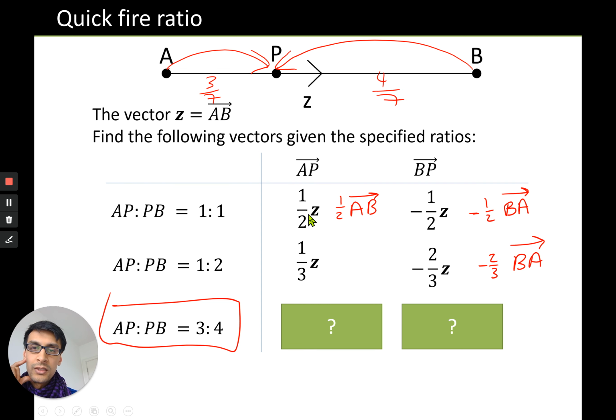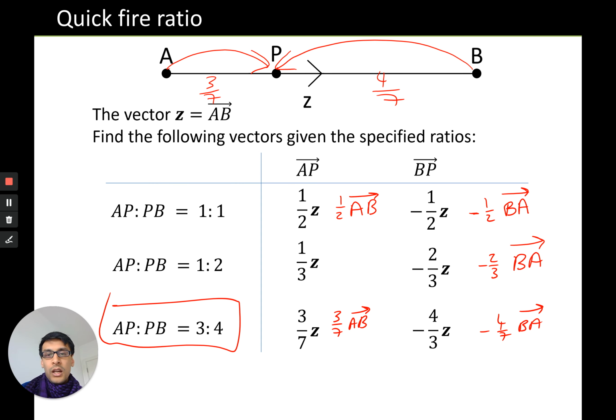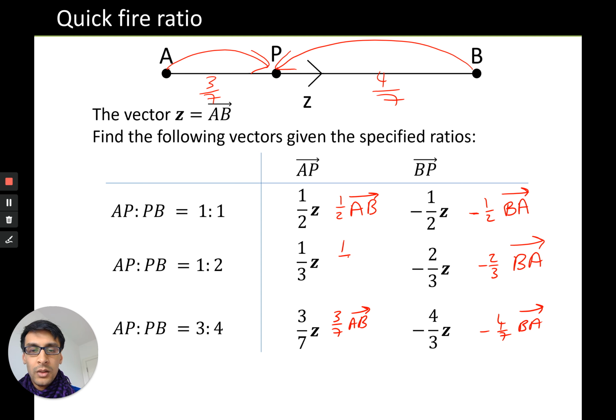So 3/7 of Z, or you can also say 3/7 of AB. Or going the other way, it's going to be negative 4/7 of Z, or negative 4/7 of BA. Okay, take a moment to process all of this if you need to, otherwise I'm going to move on to the next bit.